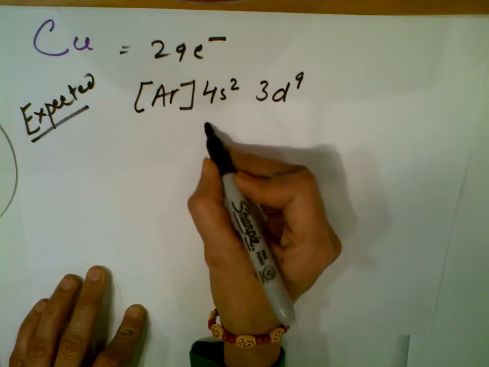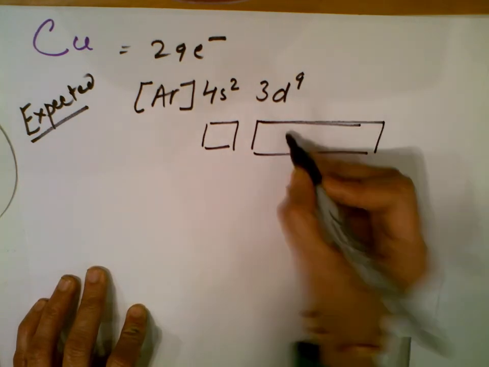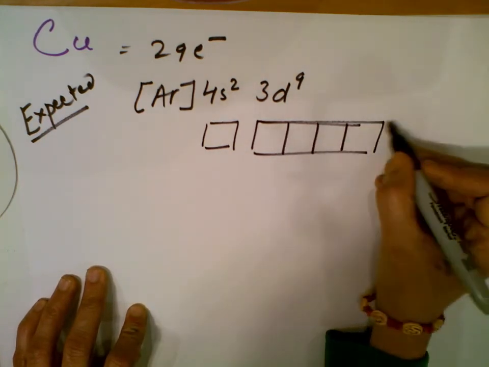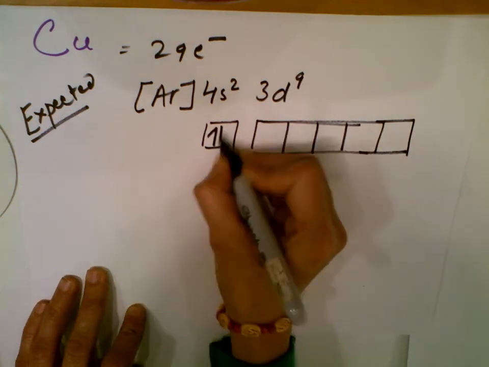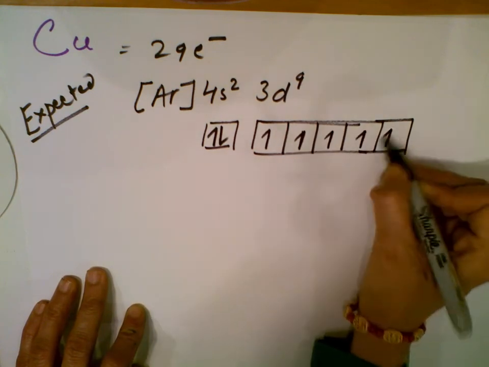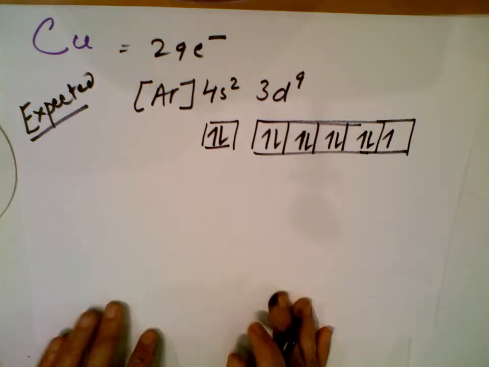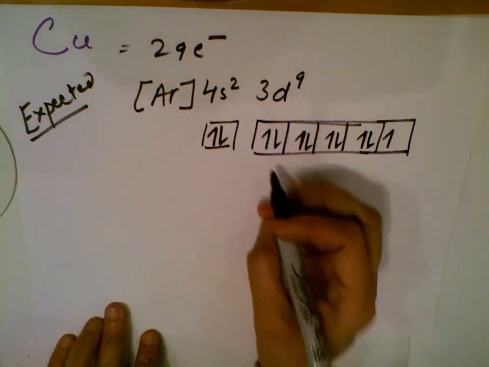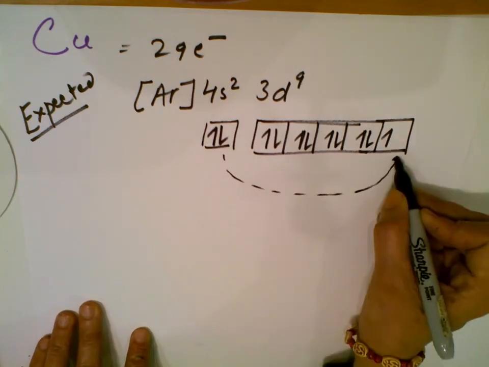But listen, no, we are not done. Why? Because these are the d block elements. These are the rule breakers. So here 1 and 2, here 9, 1, 2, 3, 4, 5, 6, 7, 8, 9. So what happens here? This electron from here moves here.